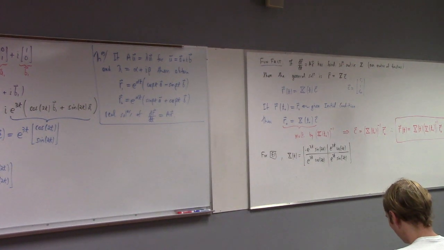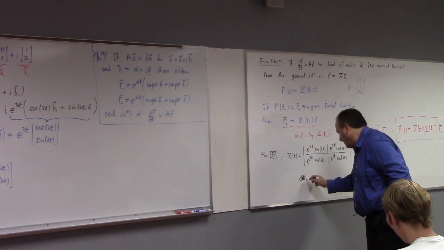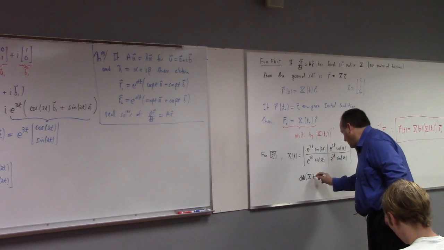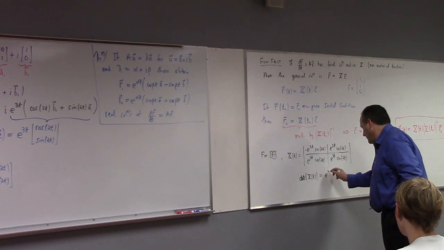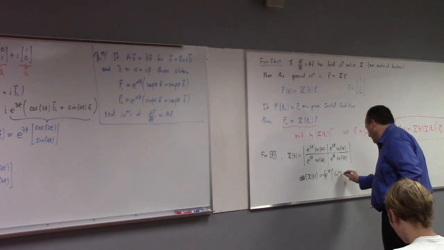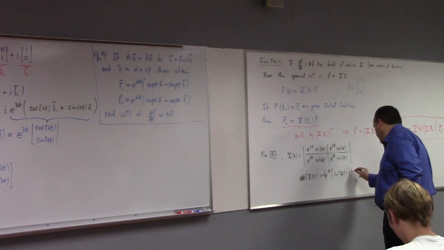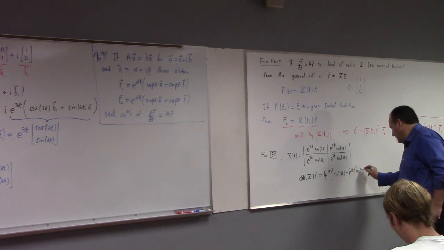Well, is it fundamental? What does it take for a solution matrix to be fundamental? You guys remember? It has to have non-zero determinant. What's the determinant of this one? I get e to the 3t squared times minus sine squared 2t, and then minus e to the 3t times e to the 3t, e to the 3t squared, cosine squared 2t.